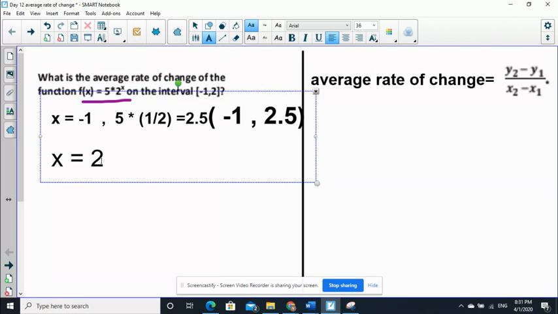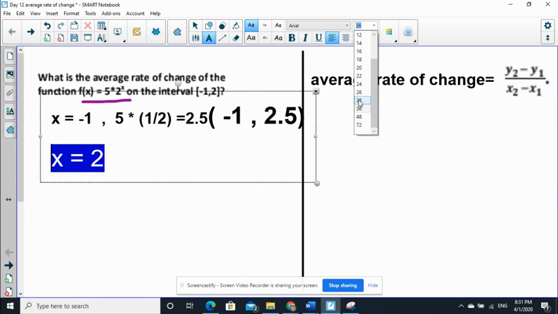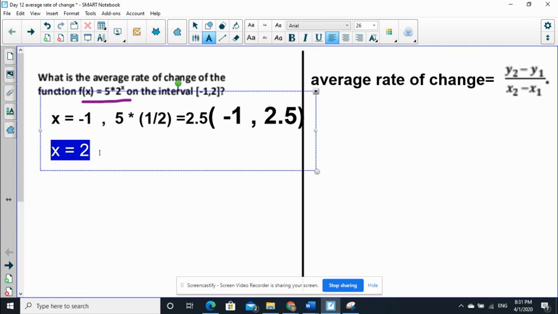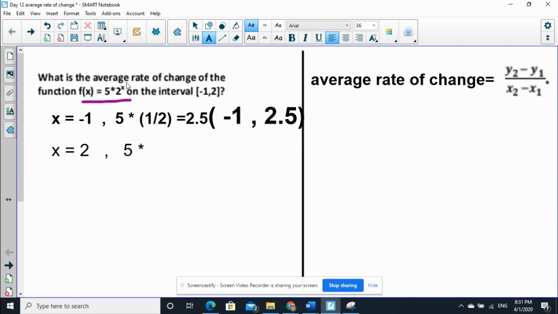Let's see when x equals 2, y equals what? So again, we will plug in x equals 2 in the function to find y. 5 times 2 power x means 2 power 2. 2 power 2 is 2 times itself, equals 4. 5 times 4 equals 20.